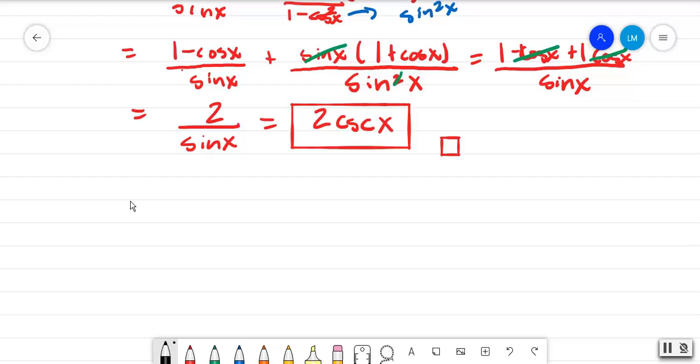For example, I can say that if I have an equation like sine of 2x, I can probably show that this equation and another equation like 2 cosine of x, sine of x, that these both are the same. But I would do that by graphing it.